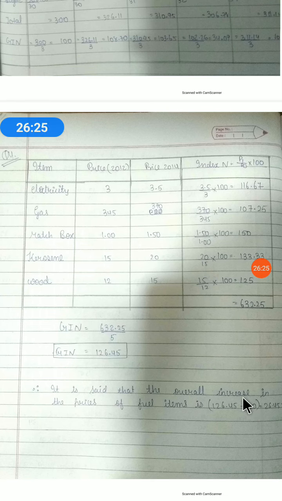Because in the index number, we compare the price of the current year with the base year, and for the base year the index number is always 100. So suppose that in the base year the price is 100 and now it increased to 126.45. So how much increase? 26.45 percent.